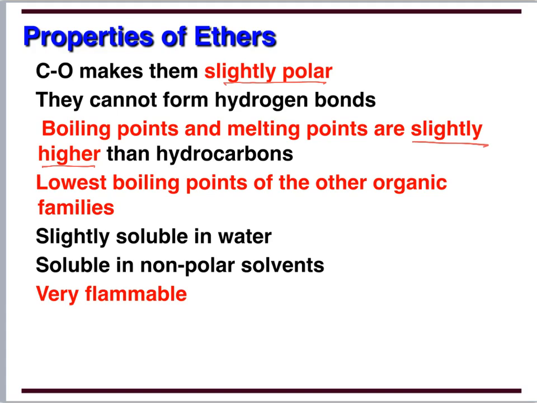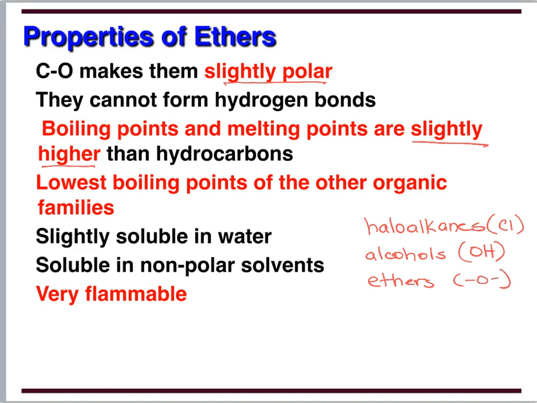So just to go over what we talked about, we did haloalkanes, which had our fluorine, chlorine, bromine. We did our alcohols, which had our OH. I'm just going to put chlorine there for an example. And now we've done our ethers, which have our bonded O in the middle.